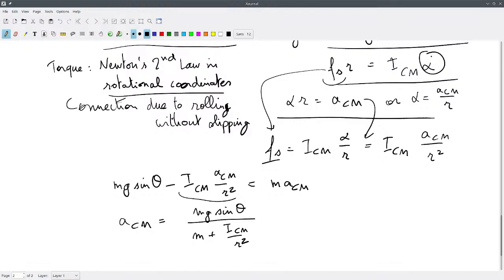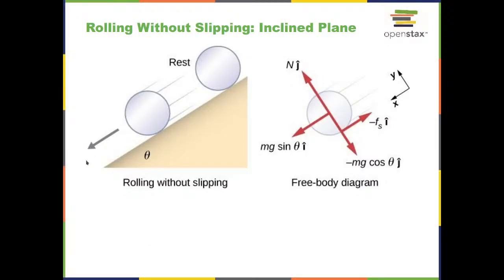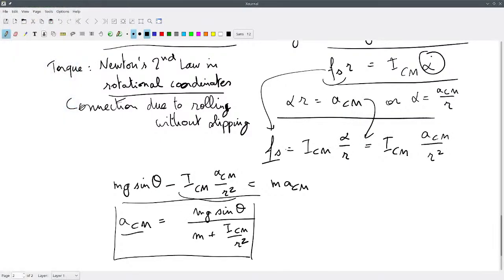Okay, so there we have it. We have calculated the translational acceleration of the object rolling down the inclined plane in terms of m, g, theta, and the moment of inertia.